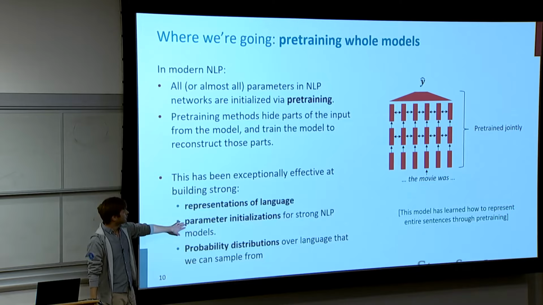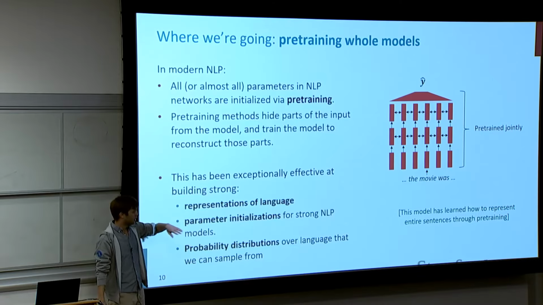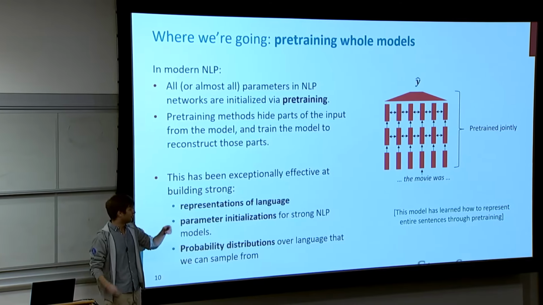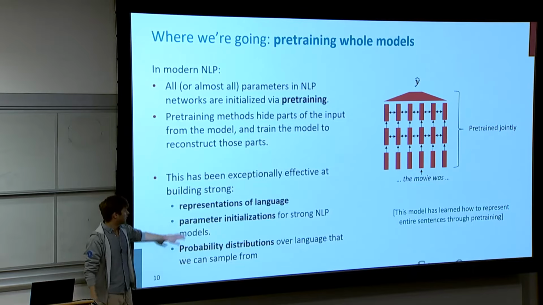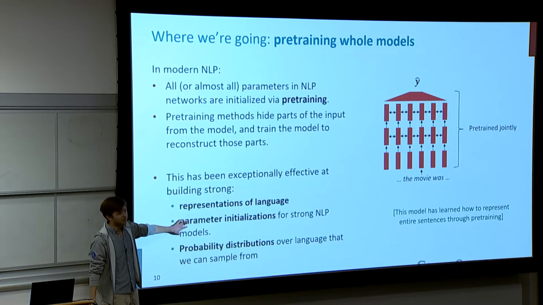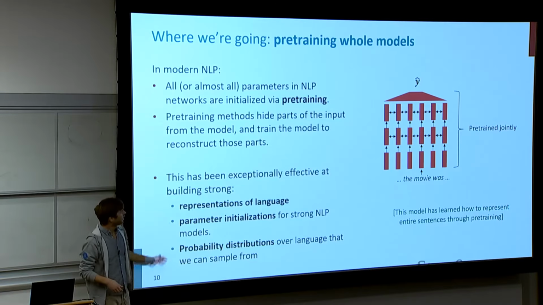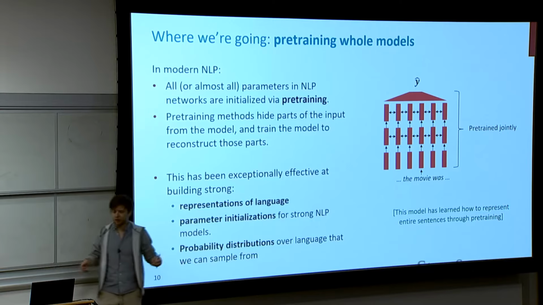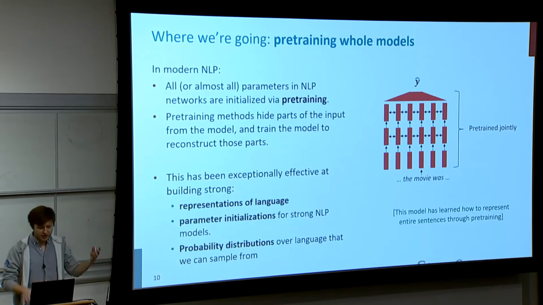And here, we're going to say, well, just like we were going to use the word2vec embeddings and that encoded structure, I'm going to start maybe my machine translation system from a parameter initialization that's given to me via pre-training. And then also it's going to give us probability distributions over language that we can use to generate and otherwise, and we'll talk about this.